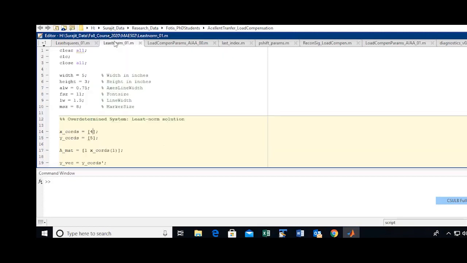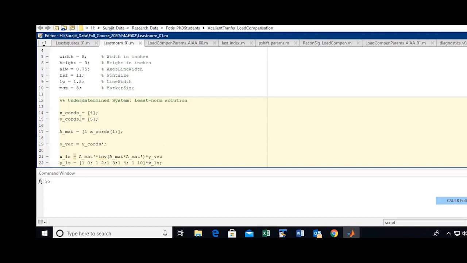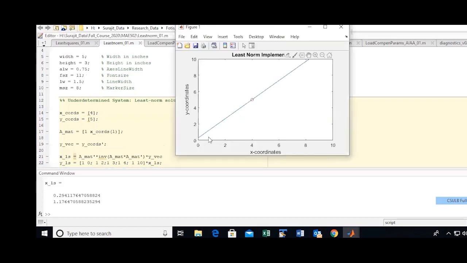And the other case is the underdetermined system. Actually, it says undetermined on the board, it should be underdetermined. I have not changed this statement, so please correct that when you copy it from the board. Underdetermined system means you have fewer equations and more unknowns. So I am just using one fixed coordinate. When I run this, you see that it passes through the data point as a straight line, and it should be least norm as well.